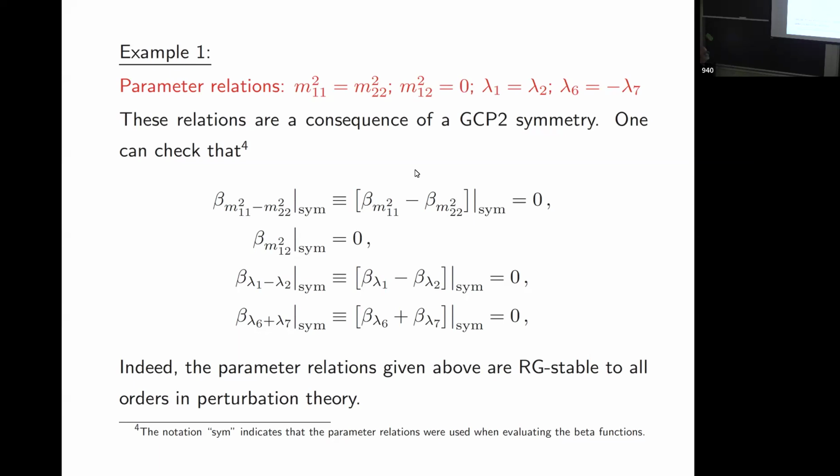That's equivalent to the difference of these two beta functions. And when you impose the symmetry conditions on this difference using those equations I just showed you, you get 0 in all the four cases. So this is one way of seeing that the parameter relations, at least at one loop, are all stable. And it doesn't take much pencil work to verify this.